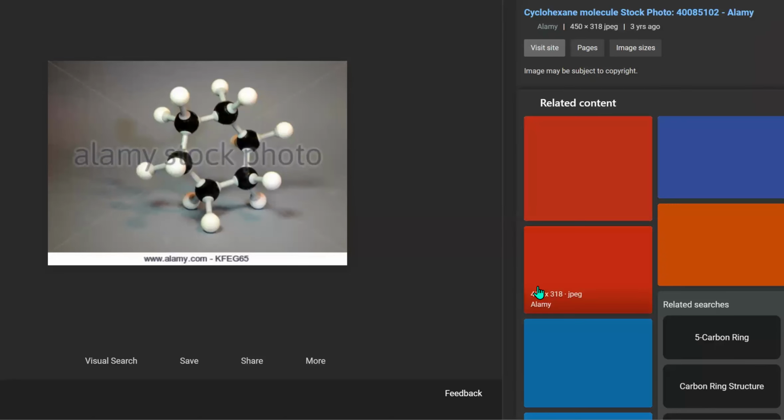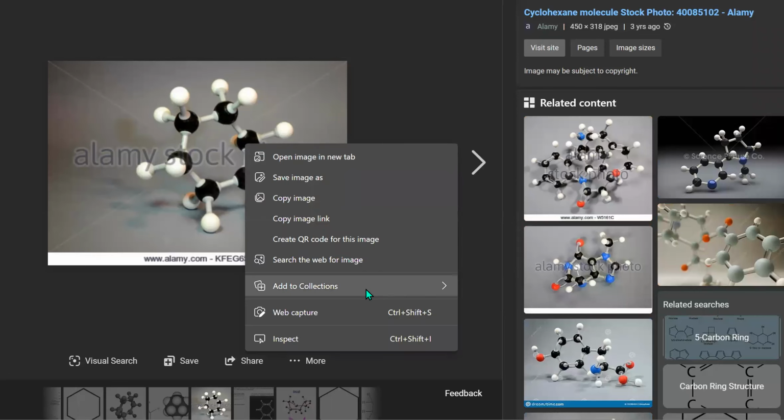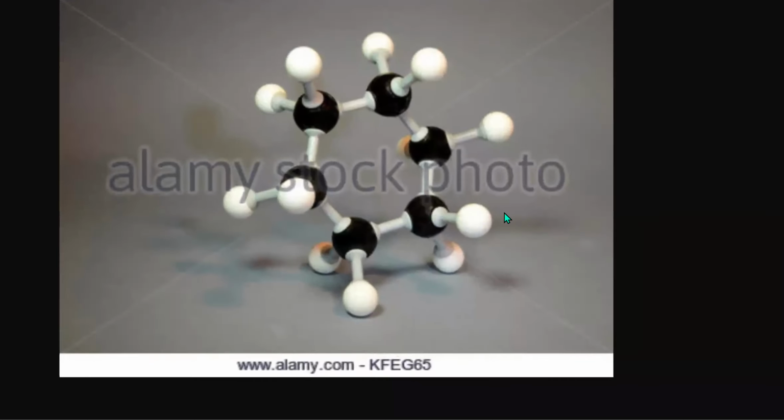So probably this one would be good enough. Just a second. So this one. This is tetrahedral. This one is tetrahedral. This is tetrahedral as well. All the angles are 109.5.